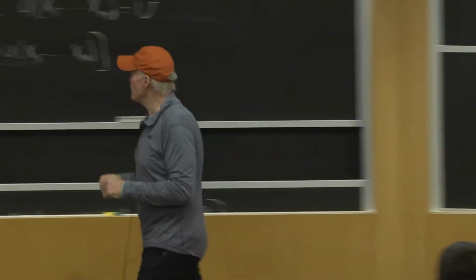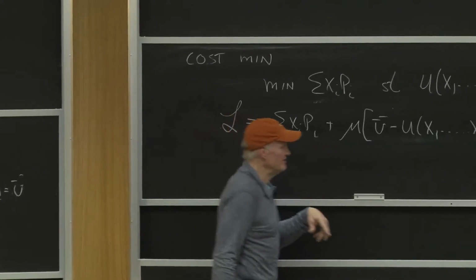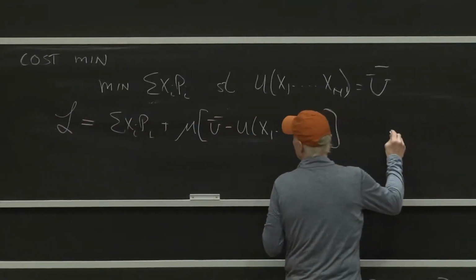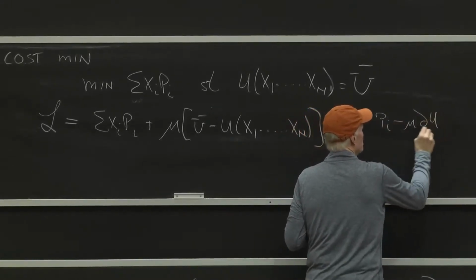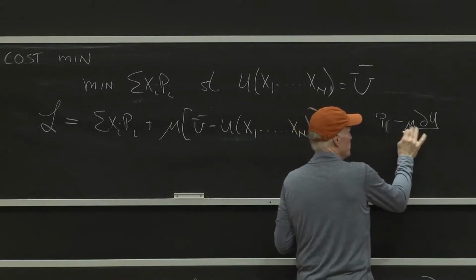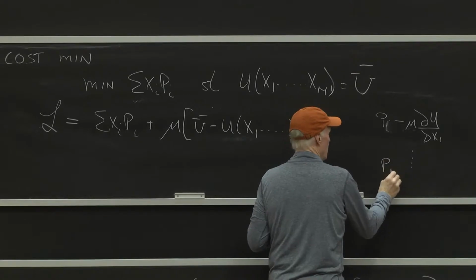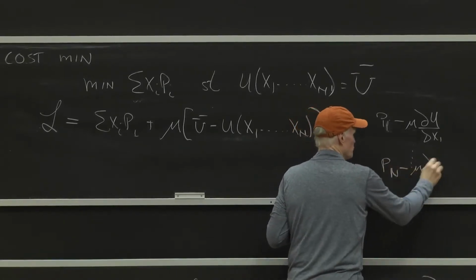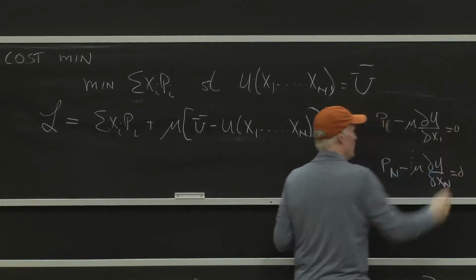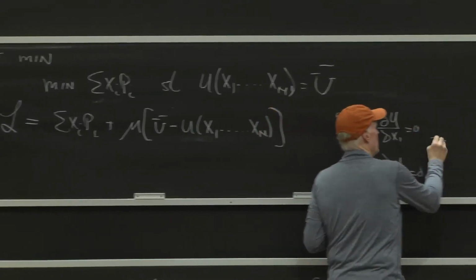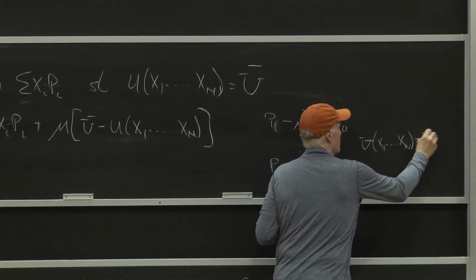All right. Now, what are the first order conditions? Well, we take the derivative with respect to each of the x's, and those derivatives are going to be p1 minus mu partial u partial x1, down to pn minus mu partial u partial xn. These all got to be 0. And u of x1 up to xn, of course, has to be equal to u bar.